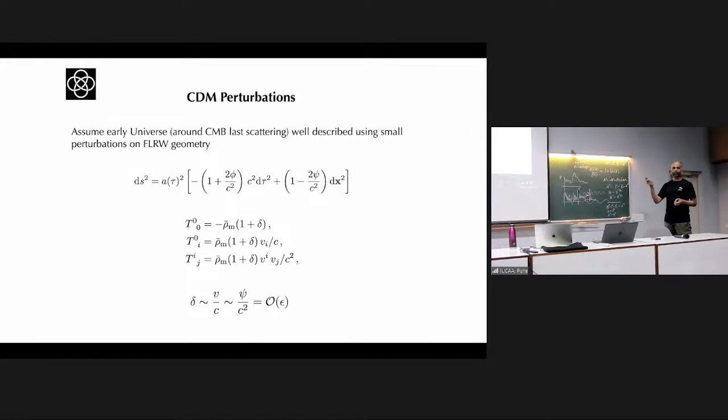So now you can turn the crank: you take this metric, you take this energy momentum tensor, you write down Einstein's equations again. If I did not have phi, psi, delta, and v, if all these were set equal to 0, what would the Einstein equations look like? What is the name that we give to them? What is this equation?